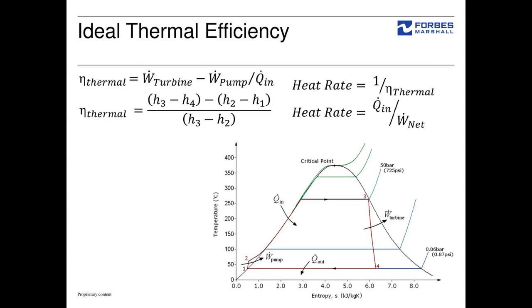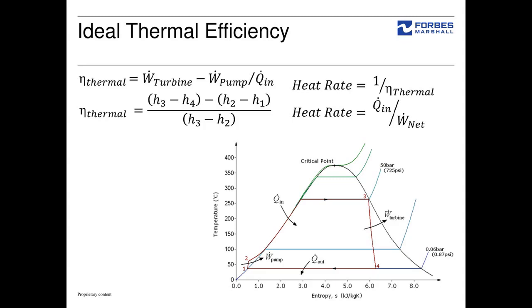This can be easily calculated by taking enthalpy differences, because the mass flow rate m dot in the whole process is taken as constant, considering a closed loop process. So this thermal efficiency can be easily calculated if you know the enthalpies from your chart, a steam table, or a Mollier chart. Also, heat rate is nothing but the reciprocal of your thermal efficiency.